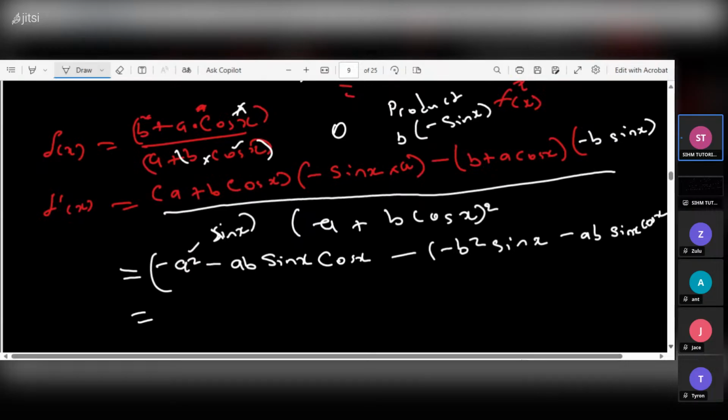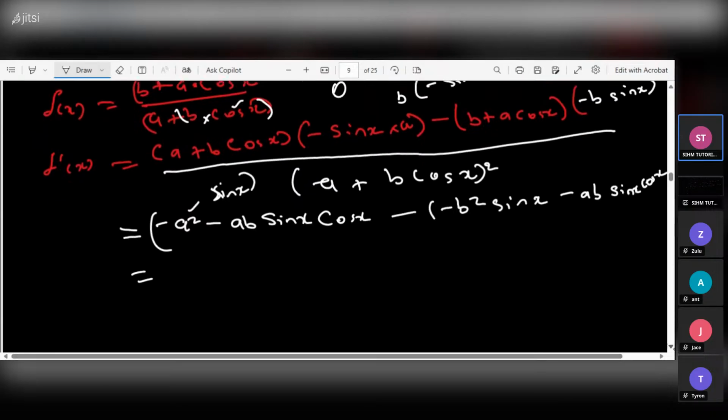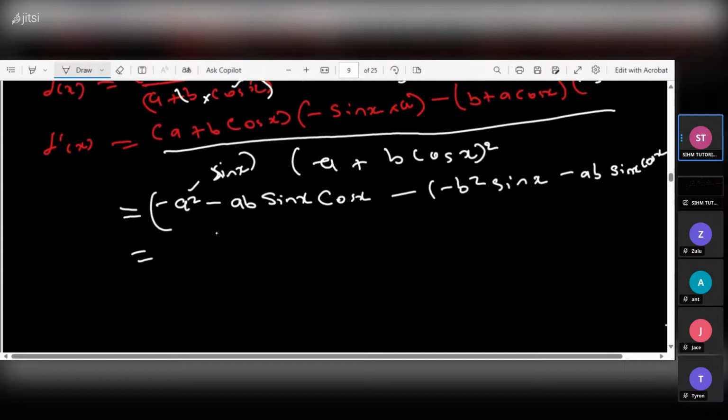In that manner, when we try to find these, here we have negative a squared minus ab sine x. This is supposed to be sine x. Sorry, let's put this aside. This is going to be positive, all of them. So let's try to simplify this one.